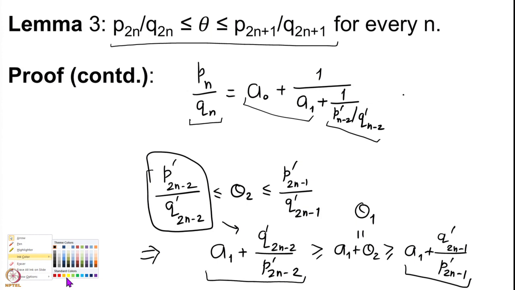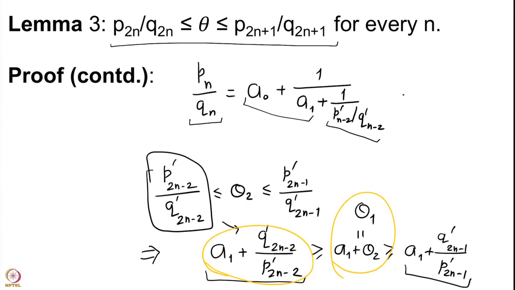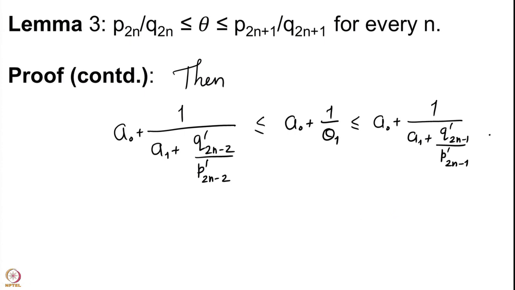So, what we have done is that we took reciprocals of these three. Therefore, the sign would change in this way, and then we have simply added a0 to each of those terms. Adding an a0 will not change the sign, the order is preserved. This is something that we have proved in the very first few lectures in our course.